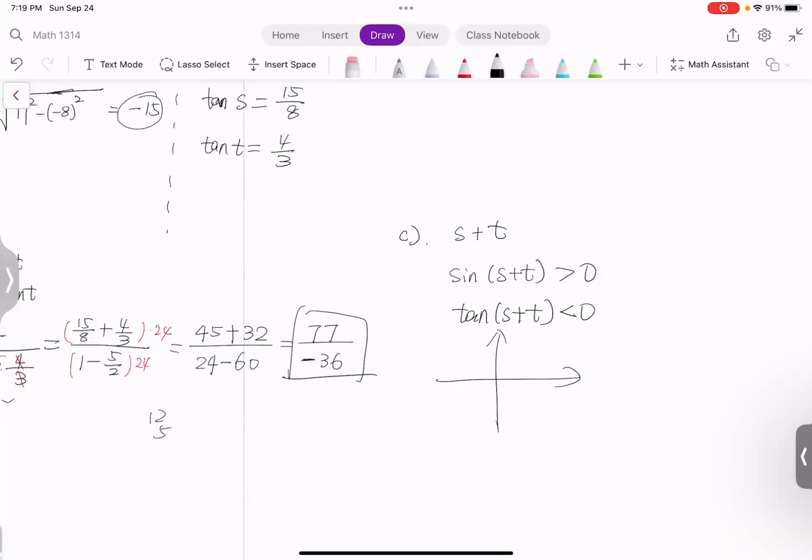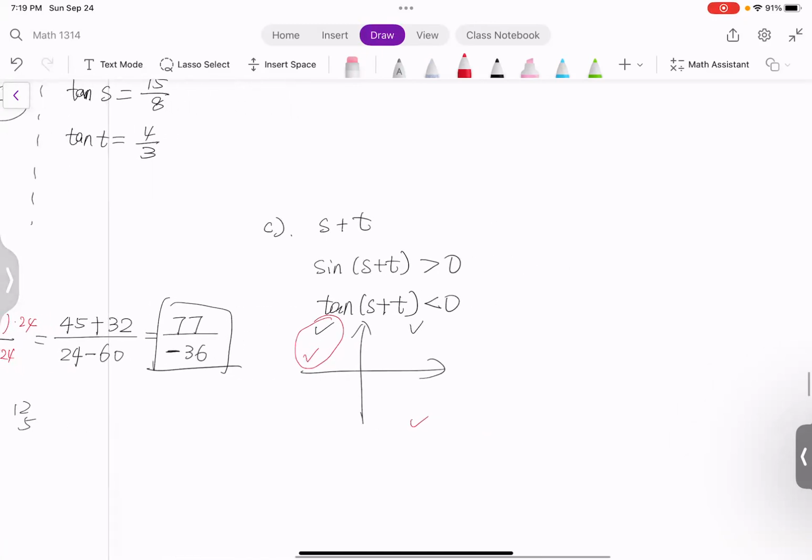So sine positive is in the first and second quadrant. Tangent negative, the angle is in the second and the fourth. Oh, I make a check mark here. That means my s plus t is in Q2, quadrant 2. All right, this is 2.